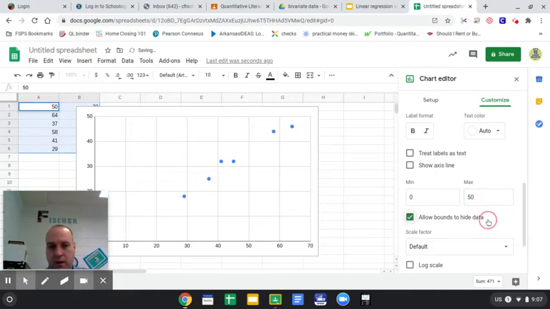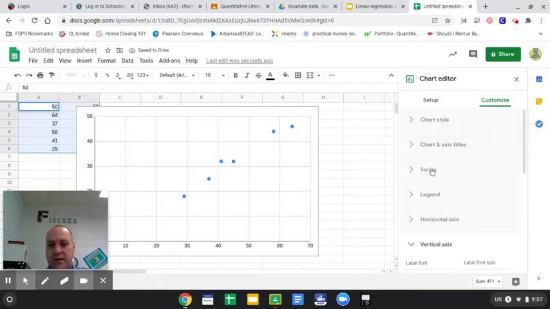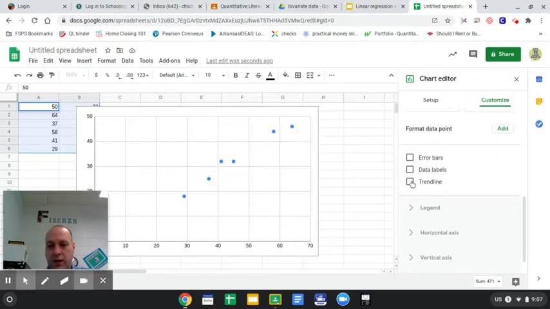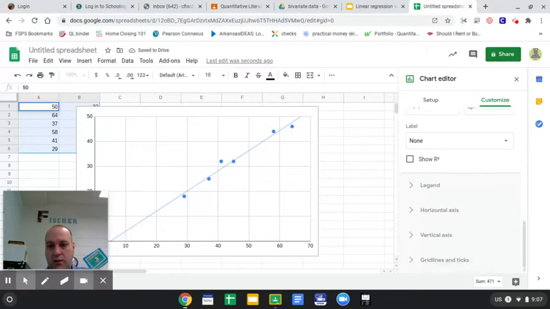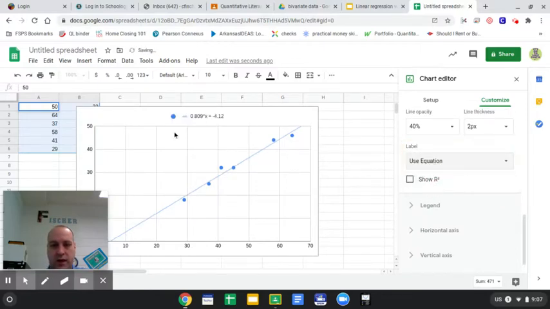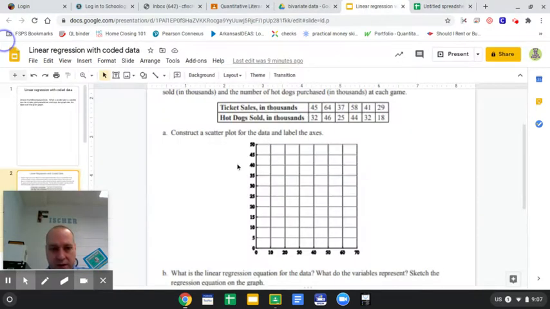All right, so I go up here to where it says series, just like we did the last lesson. I click the trend line, and then I'm going to go a little further where it says label, and I'm going to use equation. So now I've got it here.